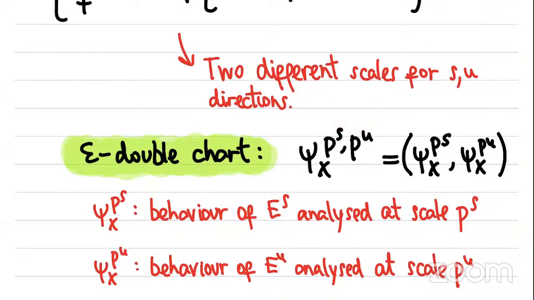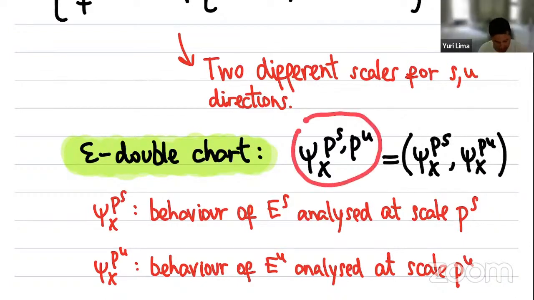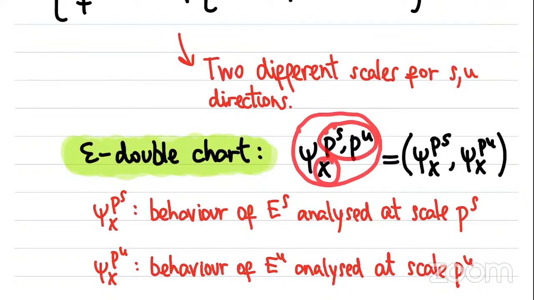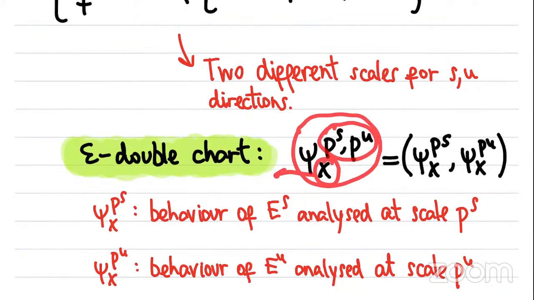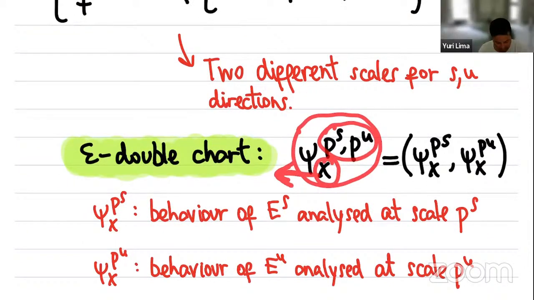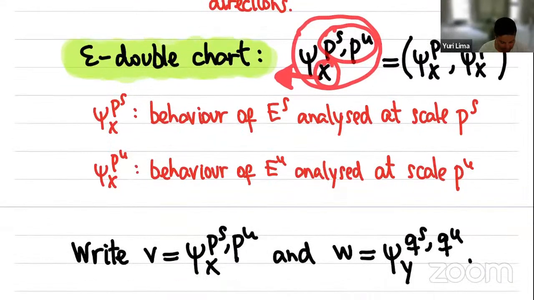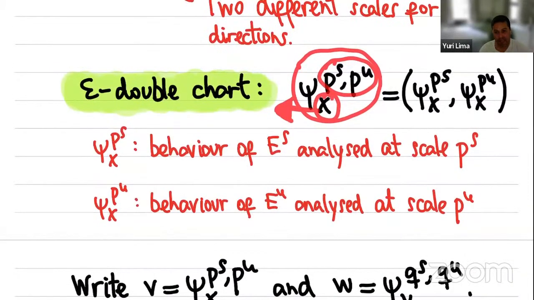Yuri, PS and PU or QS and QU? What is the relation? I'm confused, sorry. So here, to each X, you can consider anything as PS and PU. But X has an intrinsic PS and PU, which is the QS of X and QU of X. So PS and PU, the natural candidates that you associate are exactly QS and QU of this point.